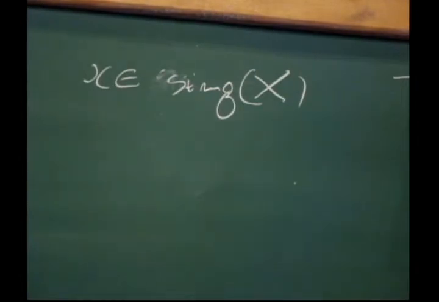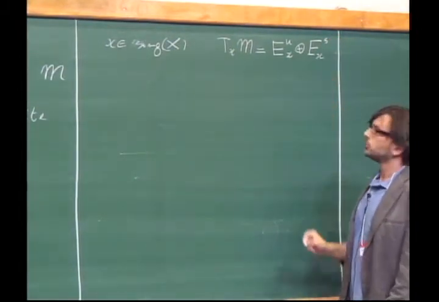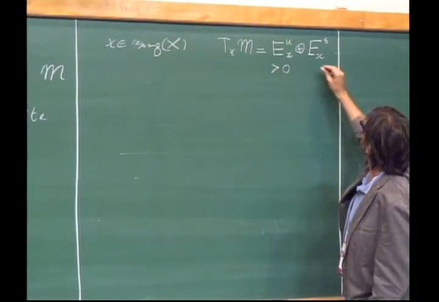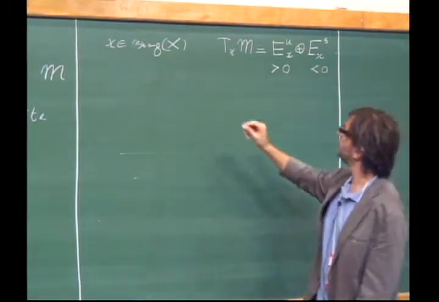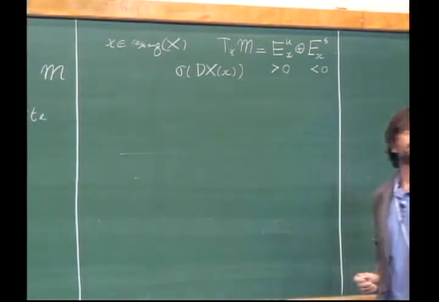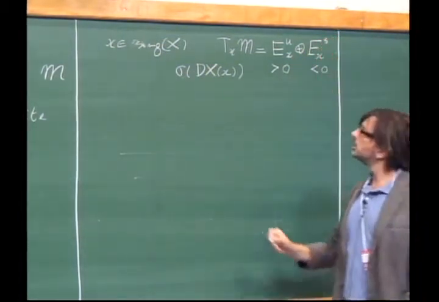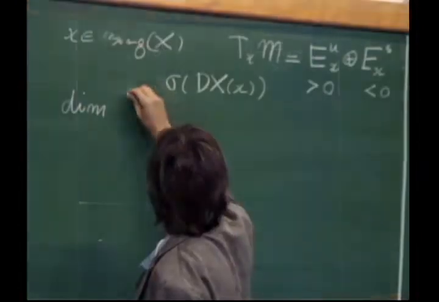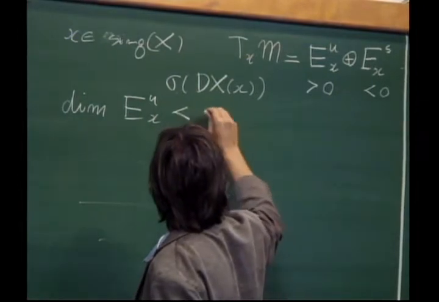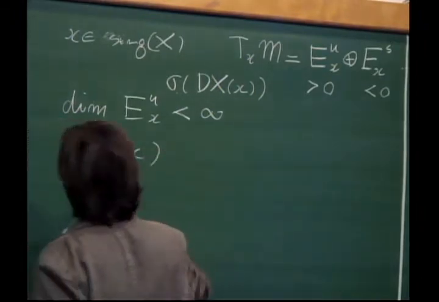So T_xM splits. If we do the spectral decomposition, we have E^u_x, E^s_x. This is the part corresponding to the positive part of the spectrum, and this is the part corresponding to the negative part of the spectrum. I'm always referring to the spectrum of dX(x). This is called the unstable space, and this is called the stable space. And what we want is that the dimension of E^u_x is finite. And this is by definition the Morse index of the singular point x.